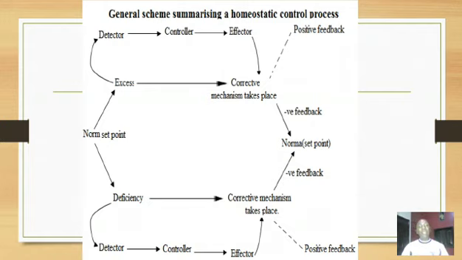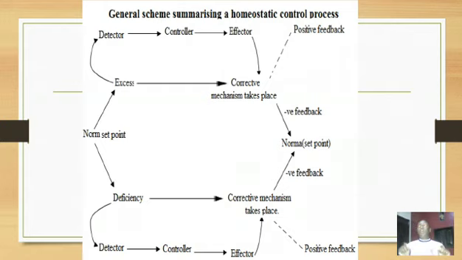Now, once the detector or the receptor notices that there is a decrease in that factor, it is below the norm, what happens? It again sends information to the controller, control center, coordinator, informing it that the factor is in deficiency. It is below the norm.